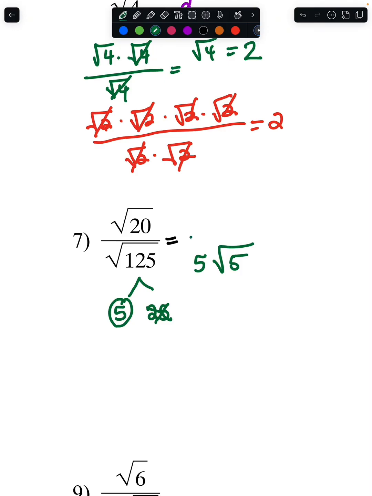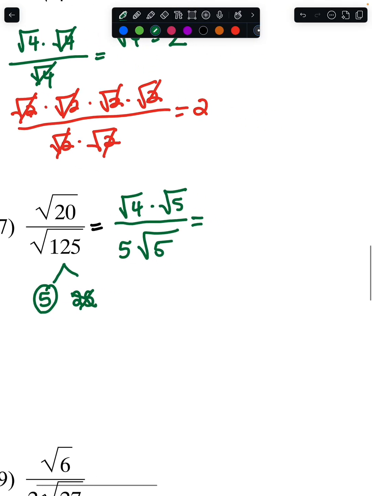And then on the top, I'm going to break my 20 into the square root of 4 times the square root of 5. Now, can we cancel anything? Yes. Those can cancel each other out. And the square root of 4 happens to be 2. So my answer is going to be 2 over 5.